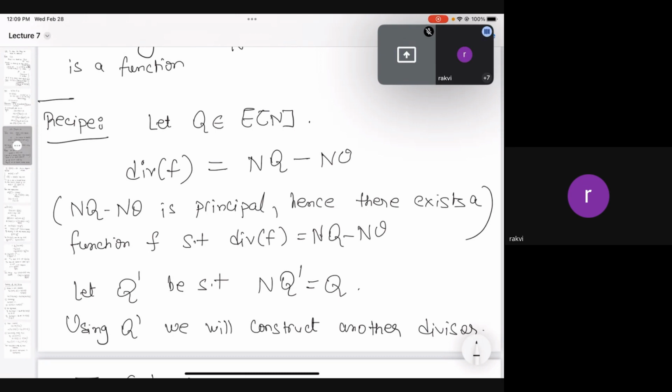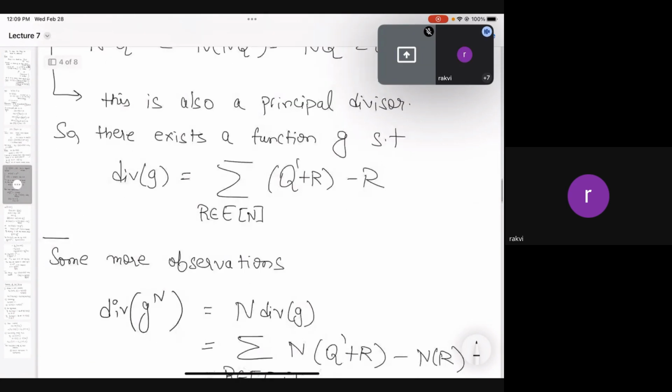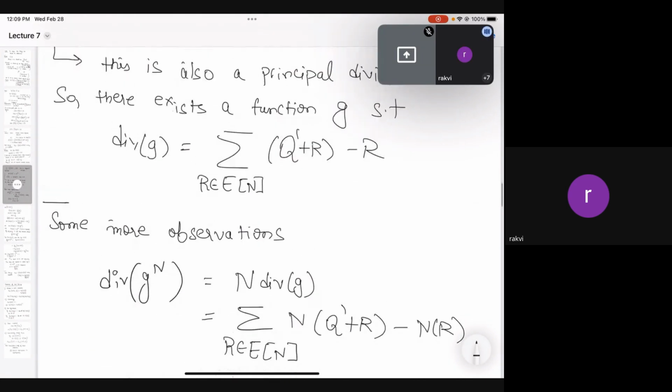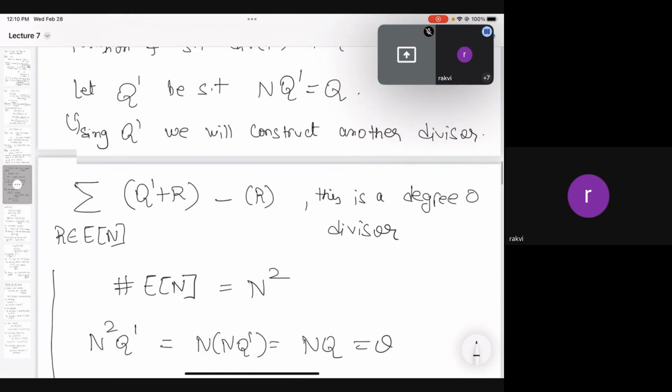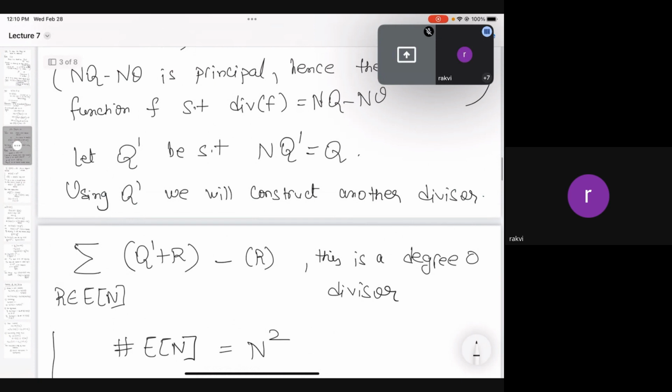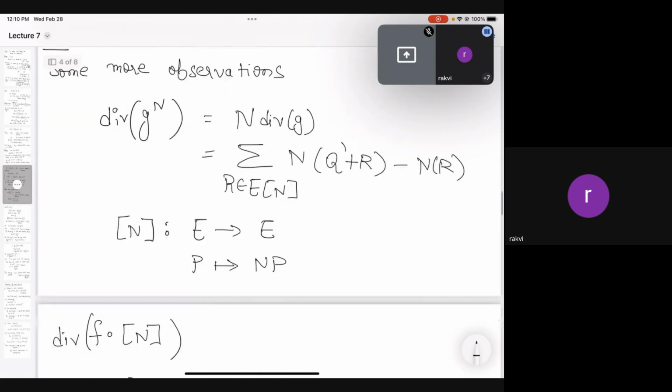That is our f, our starting point, the first step. Using this f, we constructed g. g is a function whose divisor is this summation: we take Q prime plus R minus R, where R is varying in E_n. And Q prime was chosen to be any point such that when we add Q prime to itself n times, we get Q. So this was our g.